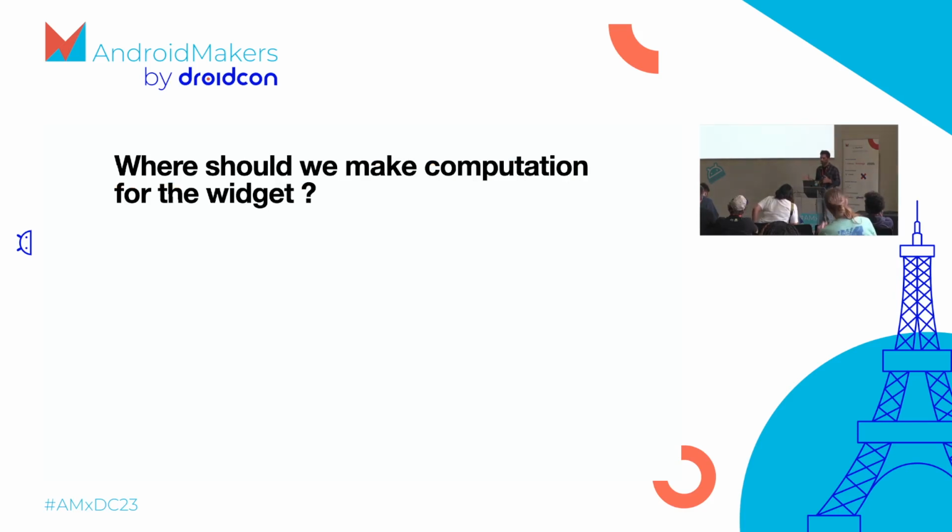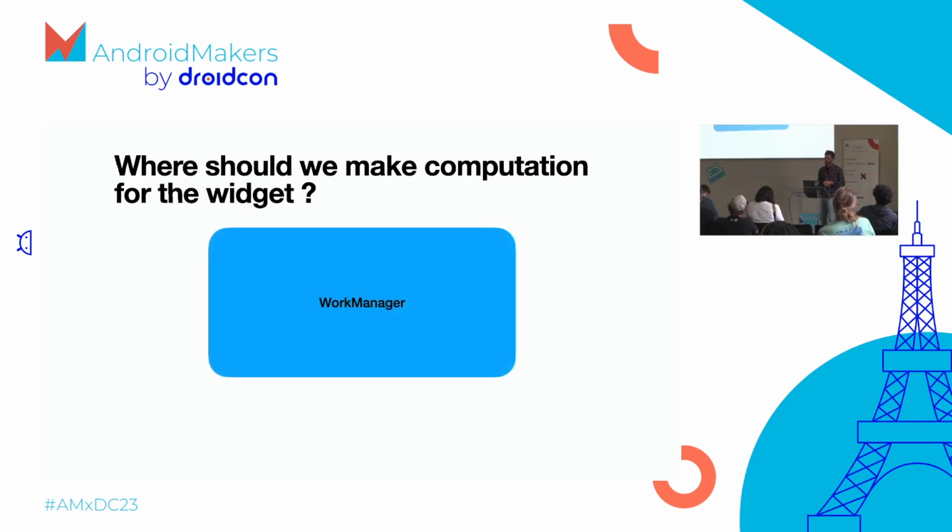Okay, so now we know something about the state management and how to trigger the updates, but where should we do the actual computation for the widgets? In my opinion, we should do it in Work Manager. There are currently no guidelines from Google on how to really do that.